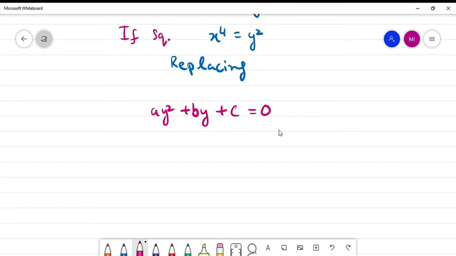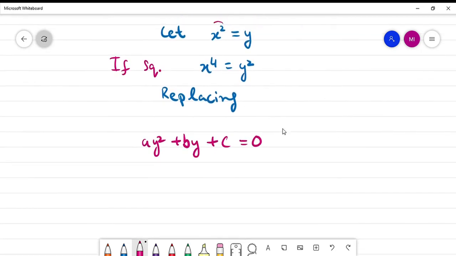Now we have a quadratic equation, and we can use any method that we see fit to solve this equation, and then we get the roots. After getting the roots, we put the roots into the relationship right up here. We just put it into this relationship and find the values of x.